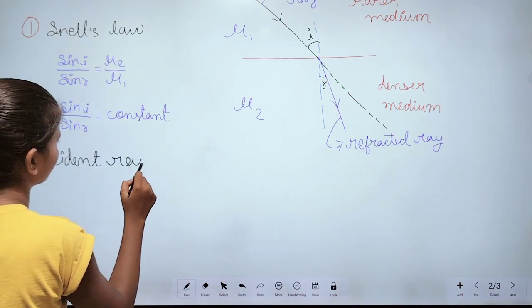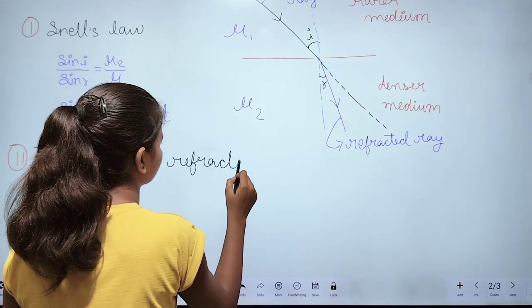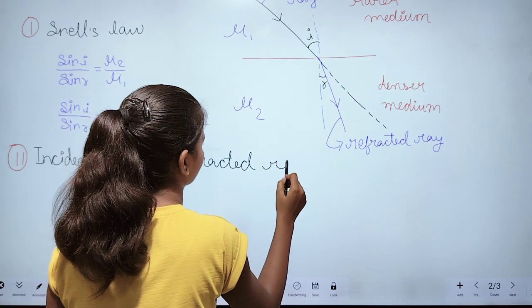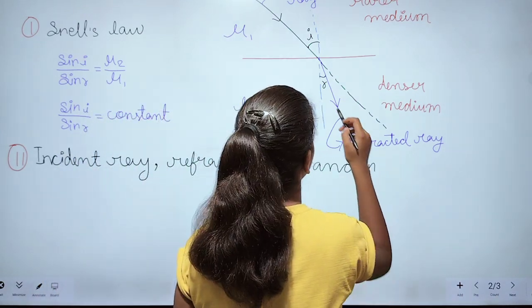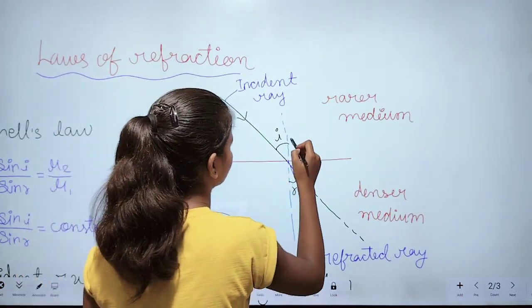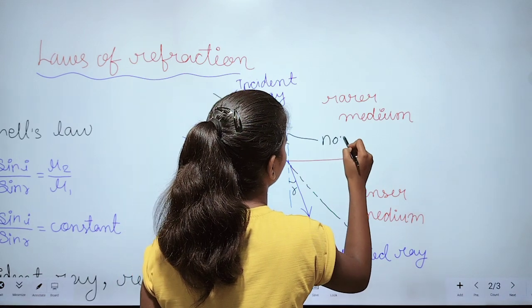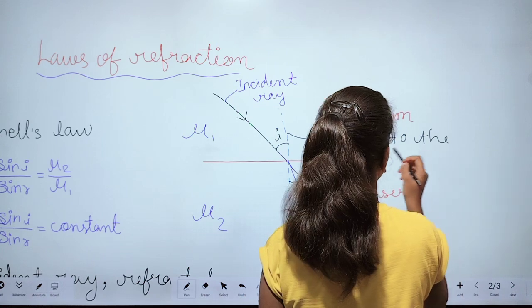Incident ray, refracted ray, and this one is our normal to the point of incidence.